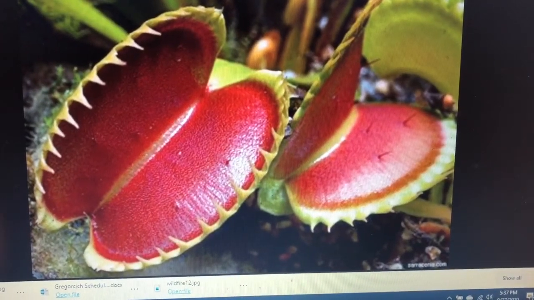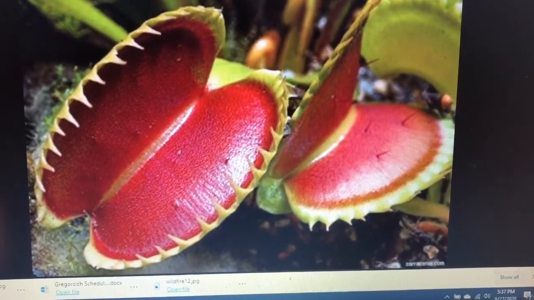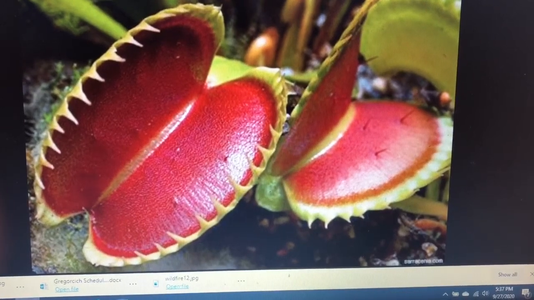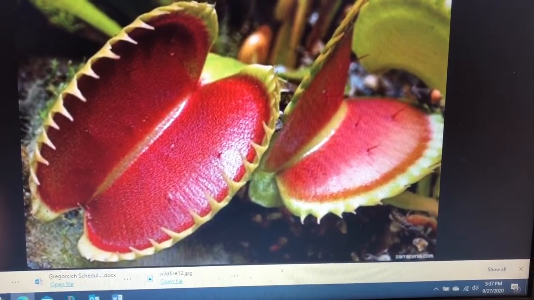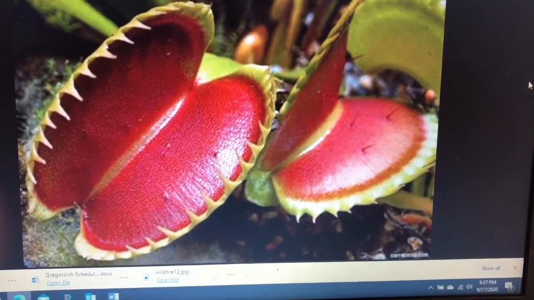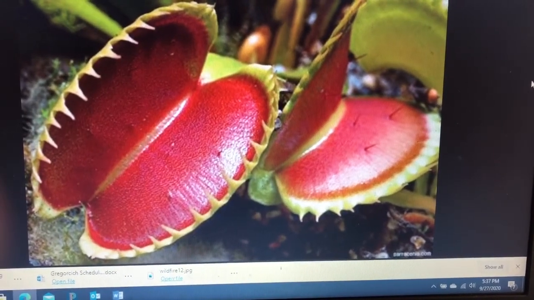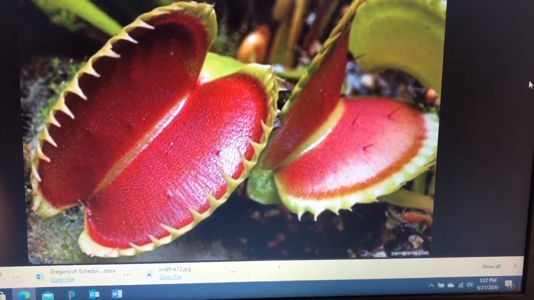You have to decide, what do they eat? Where do they live? So do you infer? What do you think?